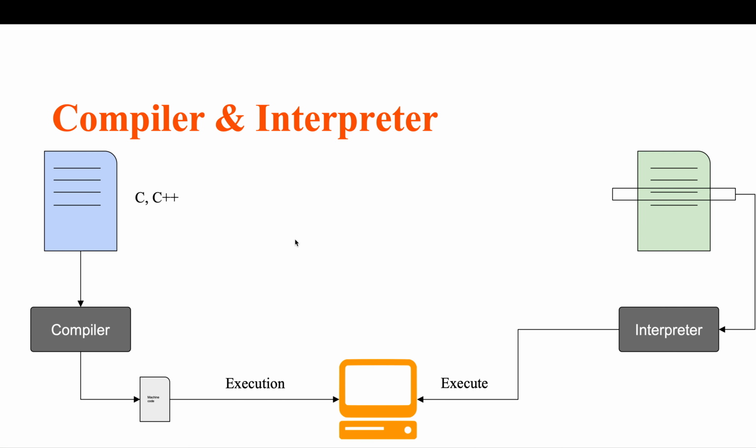So this is the difference between compiler and interpreter. The interpreter takes instruction by instruction, converts those instructions, and without saving the machine code of that particular instruction, it directly executes them. A compiler will take the entire program, convert that program into machine code in its entirety, and once the conversion is done, that machine code is executed by the computer or machine.